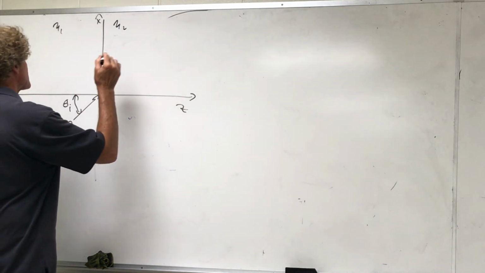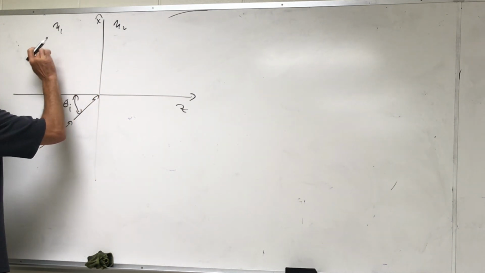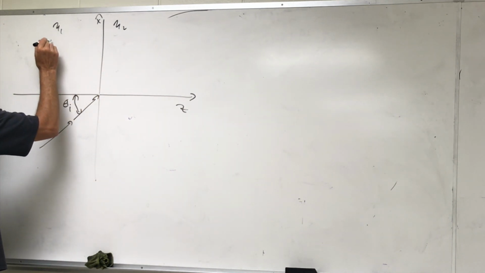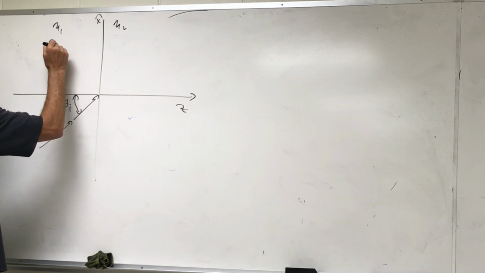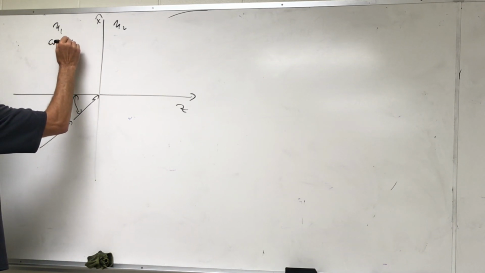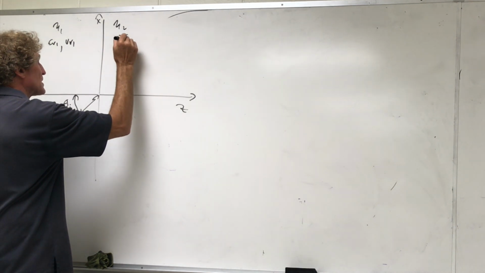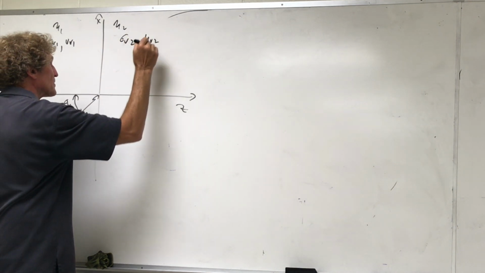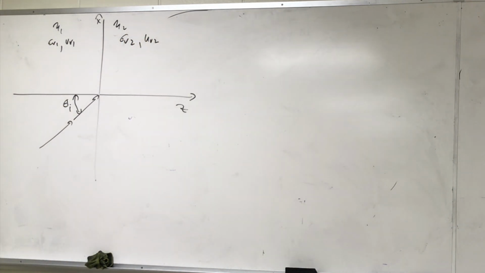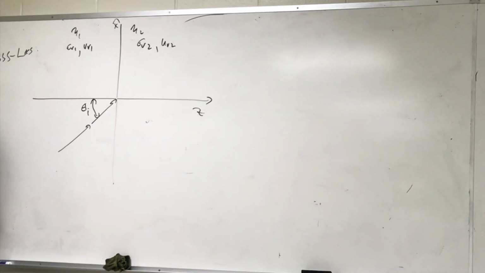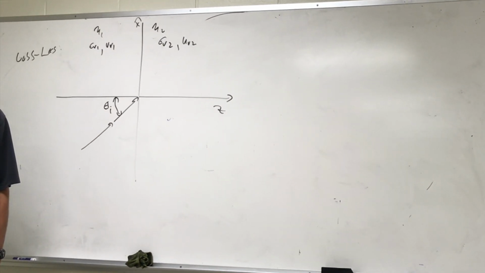This is eta 1, eta 2, but let's say it has epsilon relative 1 and mu relative 1, epsilon relative 2, and mu relative 2. You all with me? And let's assume lossless. Now, the electric field can have two component directions in general. It could be a superposition of them.